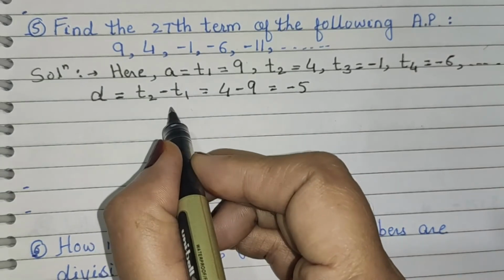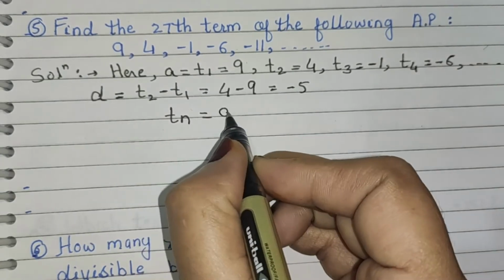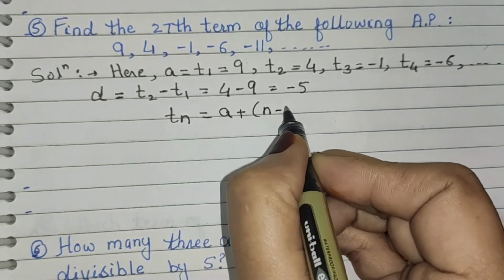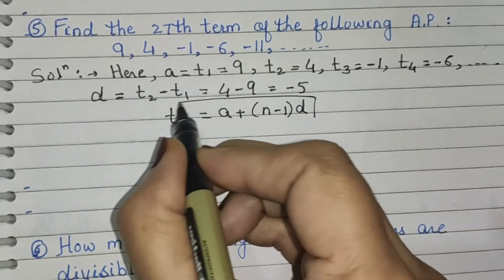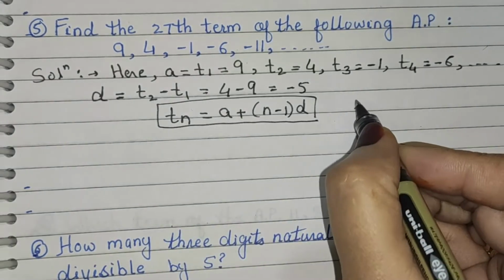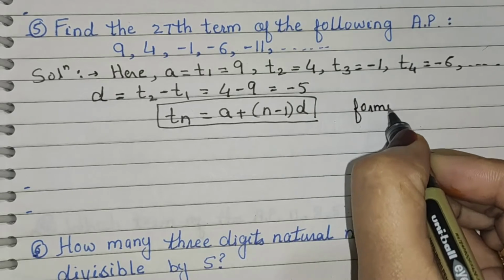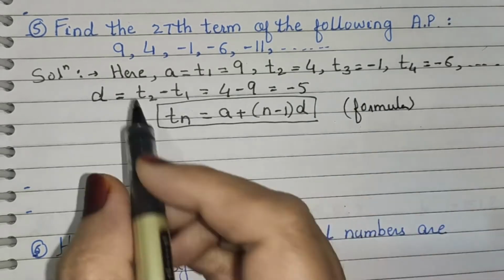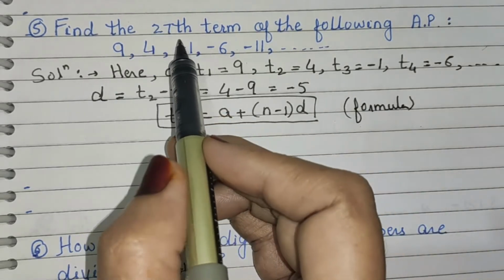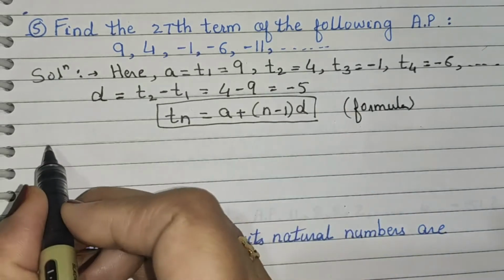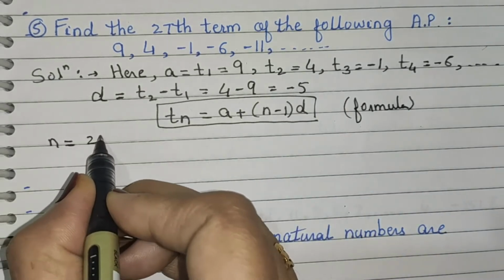Now apply the formula here. Tn is equal to A plus n minus 1 into D. It is the formula. Now our aim is to find 27 term. Therefore the n is equal to 27.